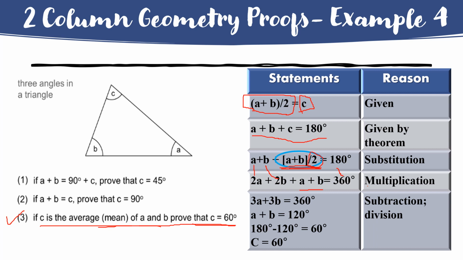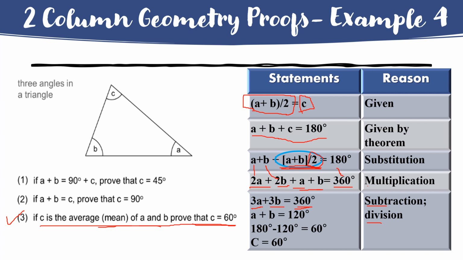And then we simply simplify. 2A plus A is 3A. 2B plus B is 3B, and it's equal to 360. Again, we add like terms, so we have 3A plus 3B equals 360. And then we're going to use subtraction and division to get our final answer.